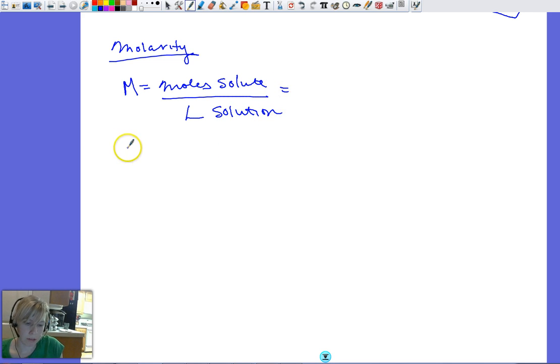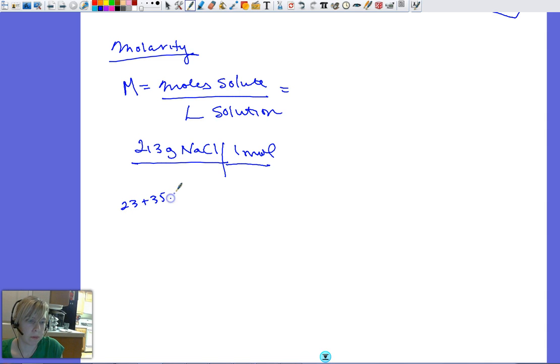So first we need to solve for moles. We have 213 grams NaCl. 1 mole equals, let's see, we have 23 plus 35.5. So we have 58.5 grams. Do that in the calculator.